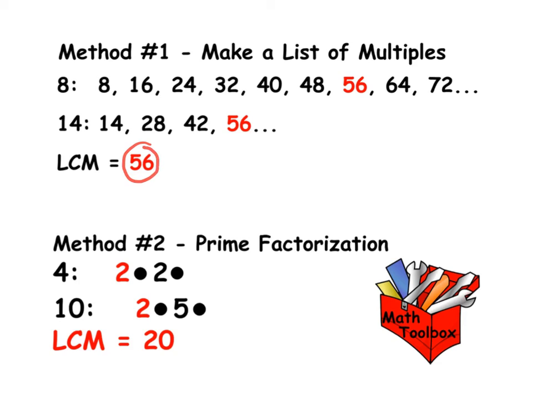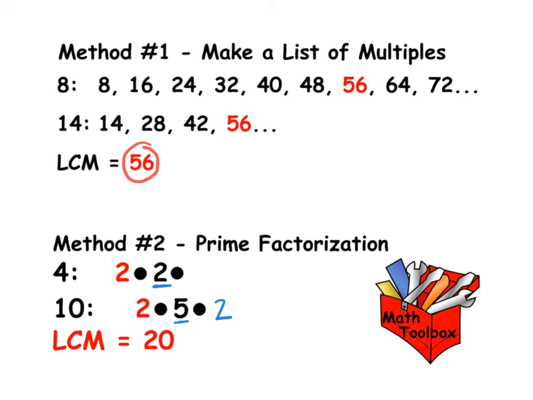It's the least common multiple, but if I didn't have a prime factorization chart, counting by 8s or 14s is hard. Method number 2 with prime factorization is easier for many people. Most people know that 4 is 2 times 2 and 10 is 2 times 5. They can see that this 4 has this 2 that's extra, so I need to share it with the 10.